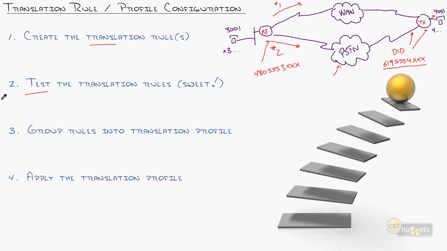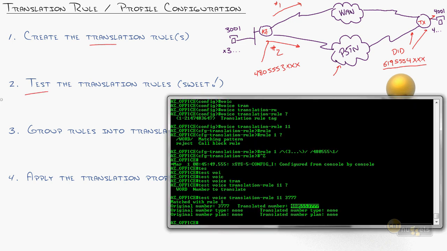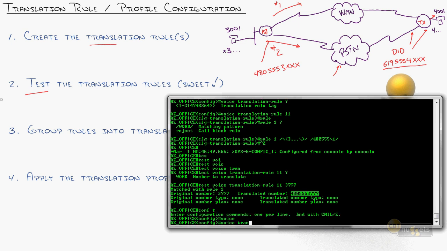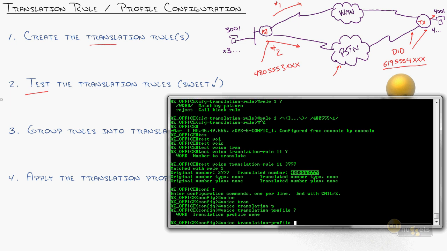Now let's put them into a translation profile. So I'm going to go into global config mode and do voice translation profile, and we'll do AZPSTN failover.